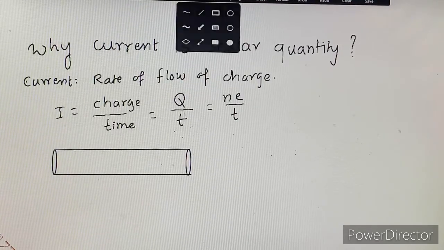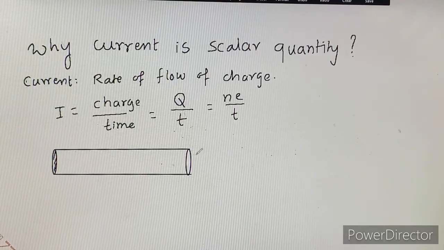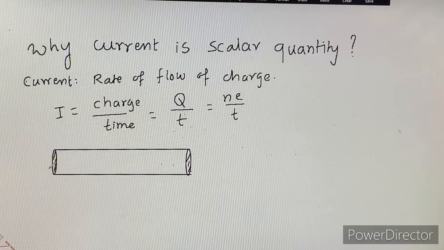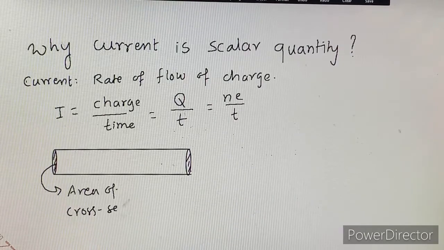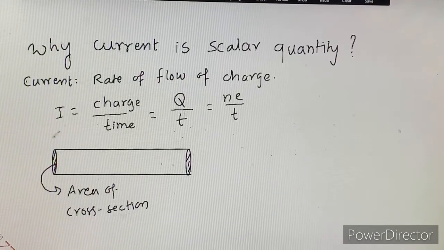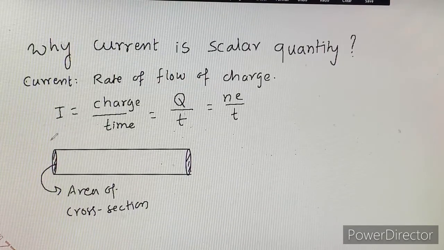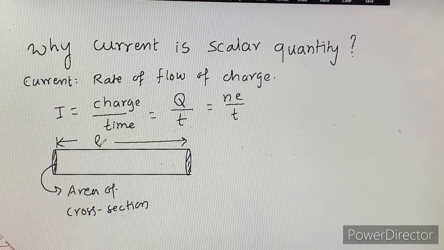This is called the area of cross section. Now this is the length of the conductor. Small l is the length of the conductor.